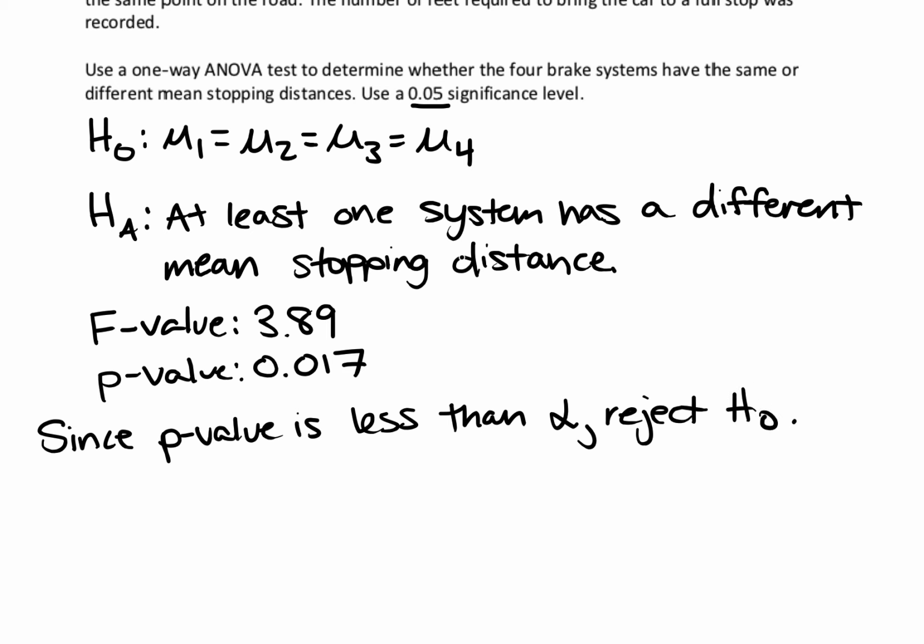And so that means that I have evidence to support the alternative, or I have evidence that at least one system has a different mean stopping distance.